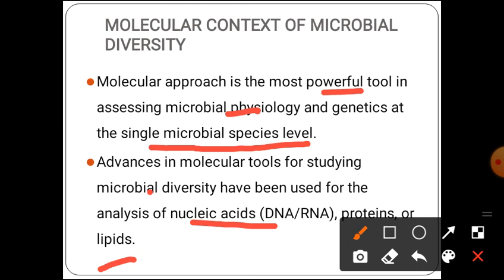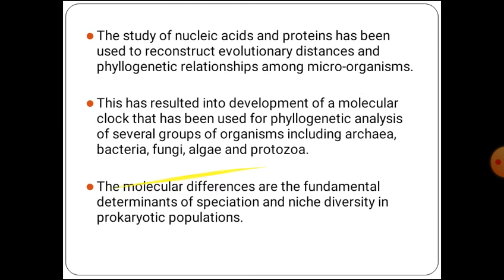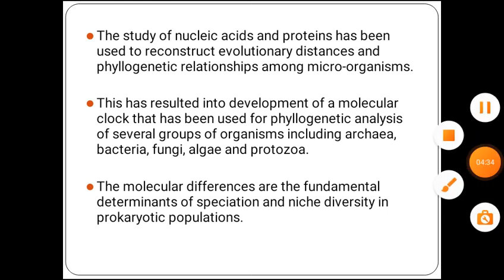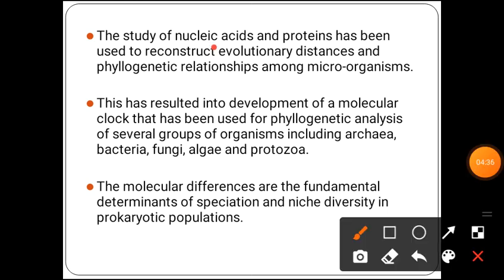It cannot be the same for another cell. It can vary from one cell to another. The study of nucleic acids as well as proteins has been used to reconstruct the evolutionary distances and phylogenetic relationships among microorganisms. Why has protein been taken in the molecular context? How can it be different?